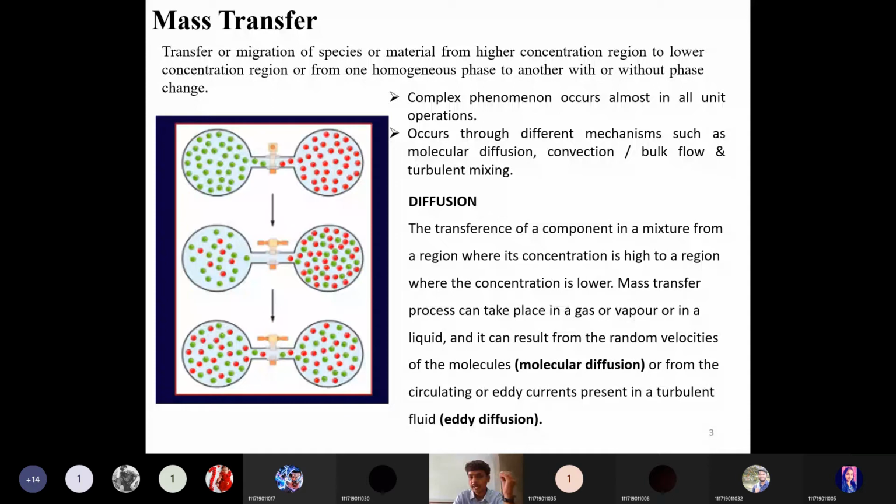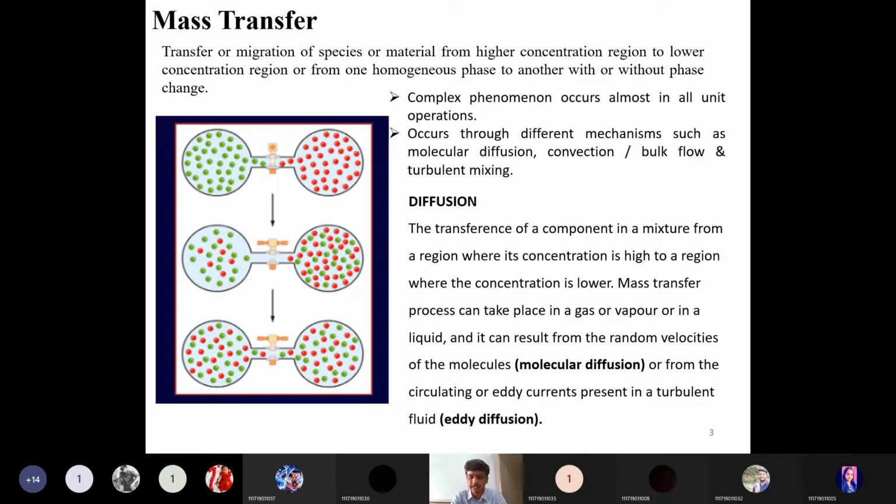Everything is nothing but transfer of mass. So mass is getting transferred from one location to another, or one concentration level to another, or one phase to another, whatever it may be. That entire process is called mass transfer operation, or simply mass transfer.